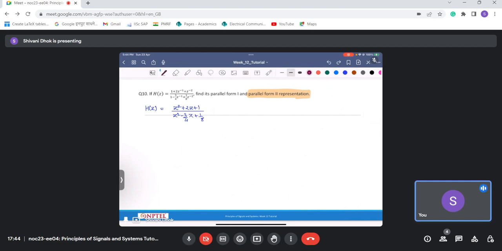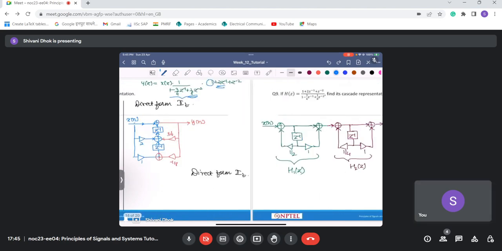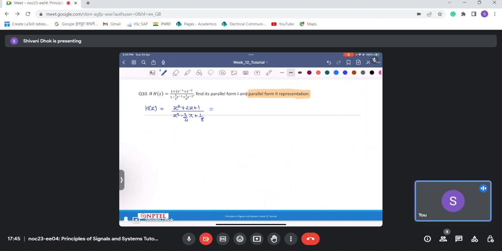Oh, there is some mistake in my solution which I had done. So okay, instead of that, I'll try to do it from scratch. I'll use the same approach that we had considered in the previous example. Because you deviated, you used the H of z by z form, so I get a little confused. So instead of doing that, I'll just use the same thing. So we had done z square plus 2z.